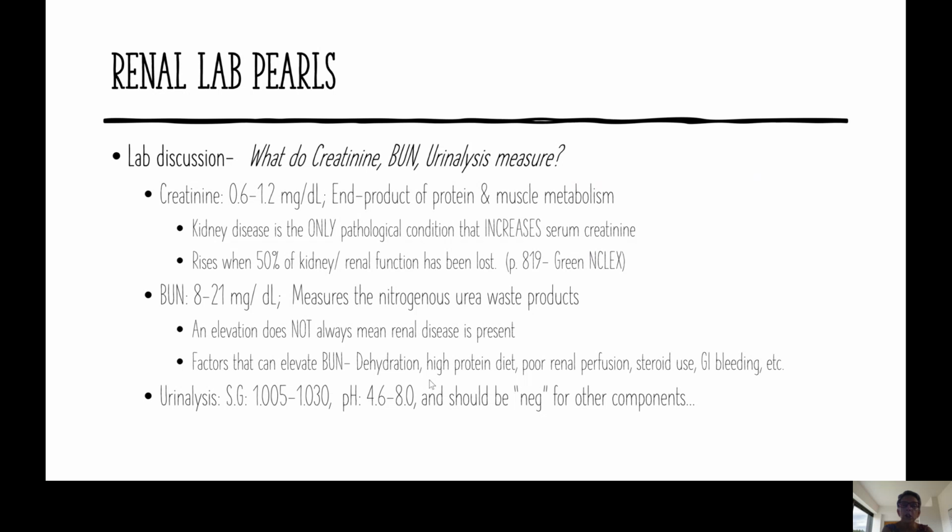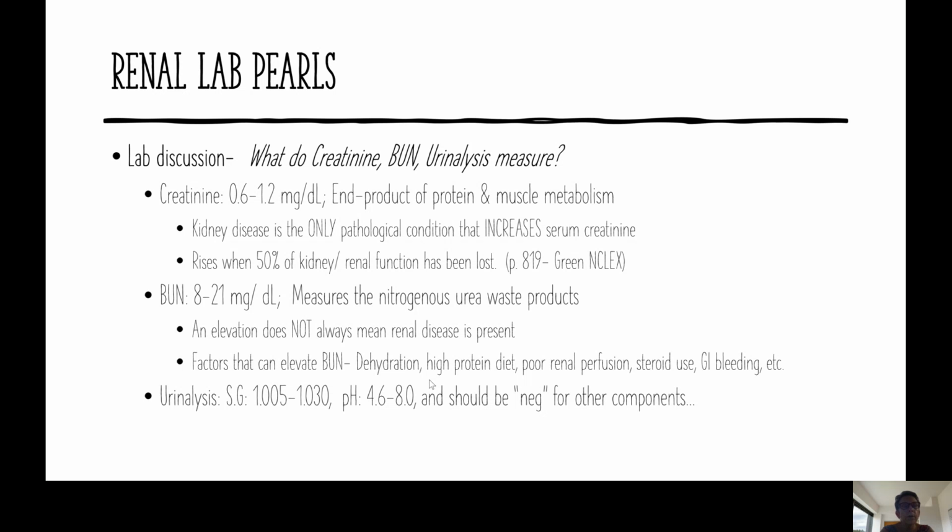And GI bleeding will elevate your BUN also because blood is a protein. The hemoglobin has protein in it, and so if you've got GI bleeding in your system, then as that waste is being broken down, the bigger protein molecules get into the bloodstream, reabsorbed, and that can cause the BUN to be elevated.